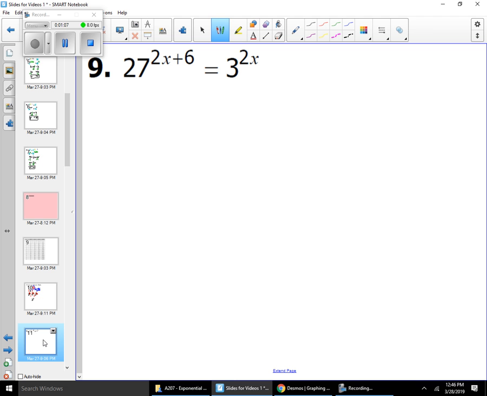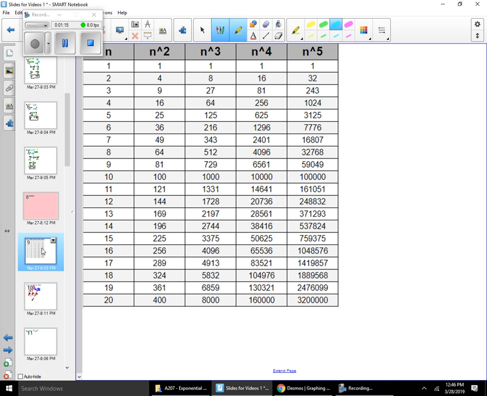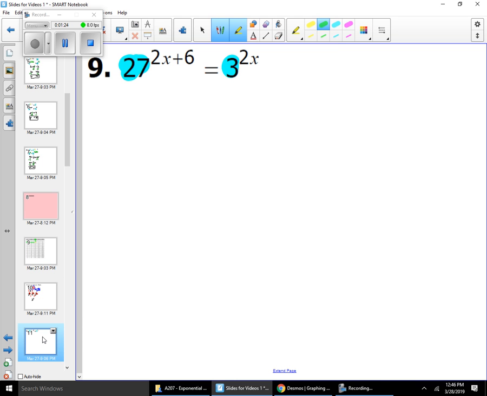If we take a look at number 9 here, 27 and 3, well, those are not the same base. So we do have to go back to our table. 27, well, that's the same thing as 3 cubed. But it's not just a simple numerical substitution anymore. 27 is 3 cubed, but we still have that 2x plus 6 lying around.